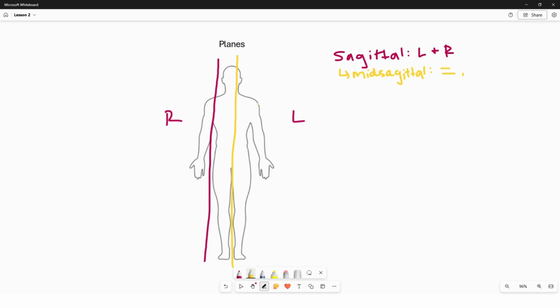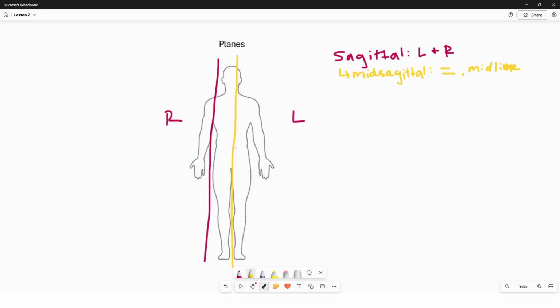And the mid-sagittal plane, because it's even, is also called the midline. And this midline is the exact split down the middle of the body.